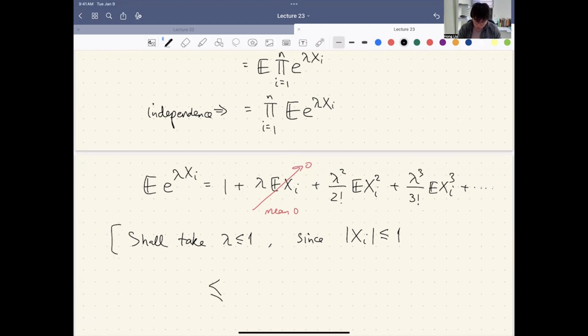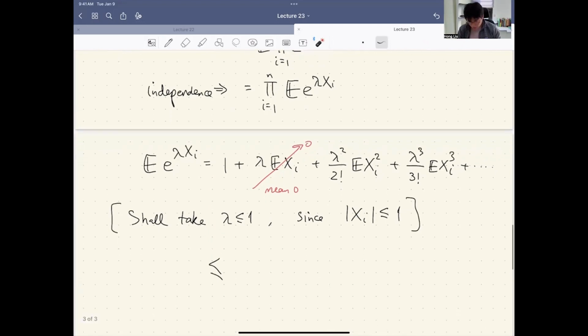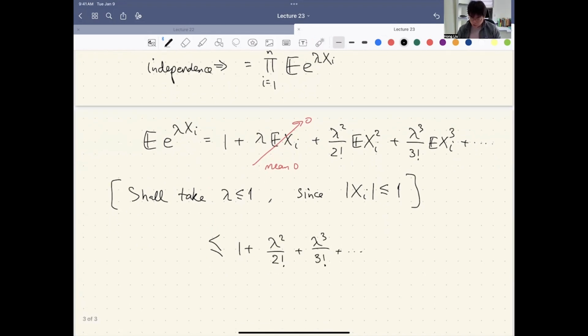Now let's continue. This is the reasoning. Continue from here. This is at most 1 plus lambda square over lambda cube over 3 factorial, dot, dot, dot. Which is at most e to the lambda square.